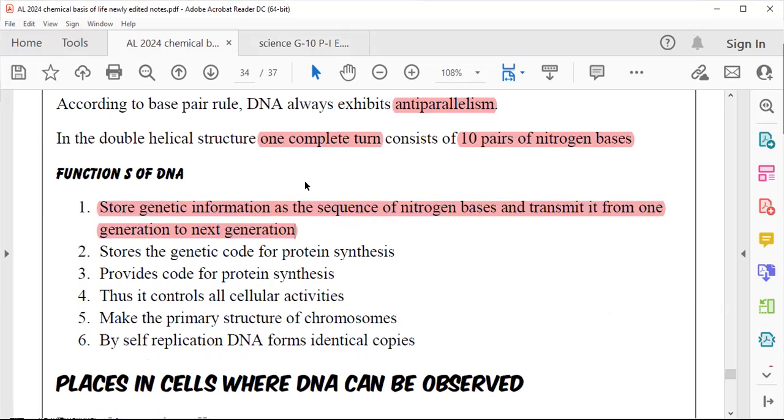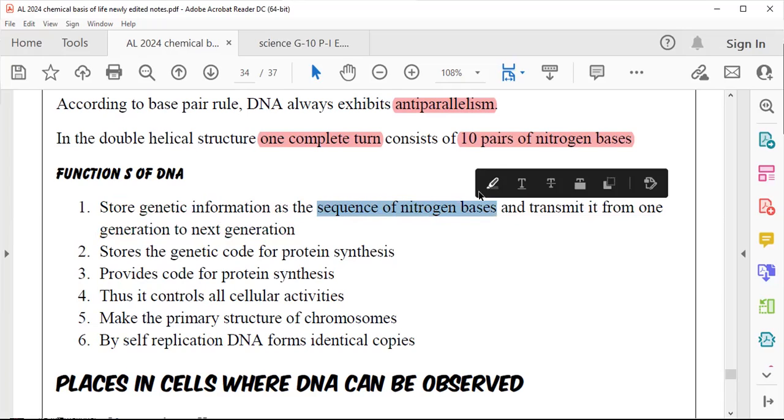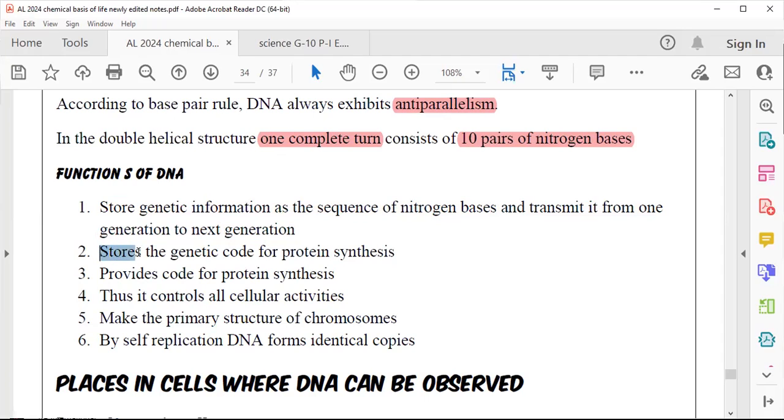So genetic information is stored in what form? Sequence of nitrogen bases. And it is transmitted from one generation to another generation.